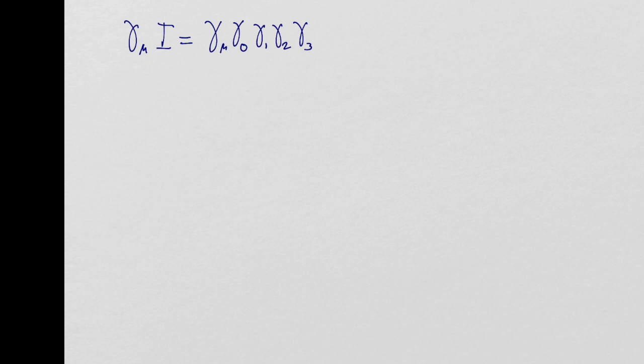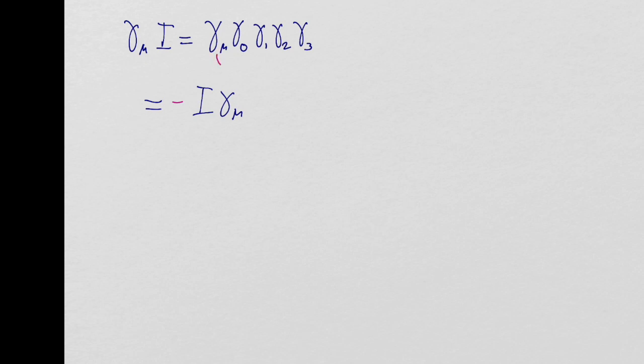If I was able to do that, that would be I gamma mu, and that would be the commutation, I guess, of the beginning. So the question really is, is this an equal sign, or is there going to be some sort of sign difference between the two?